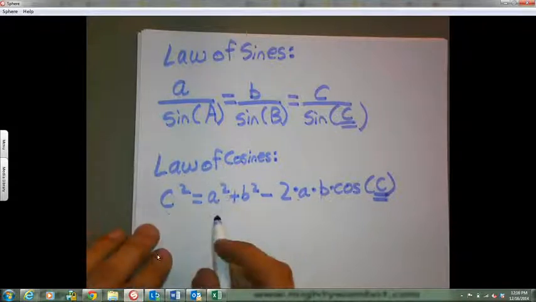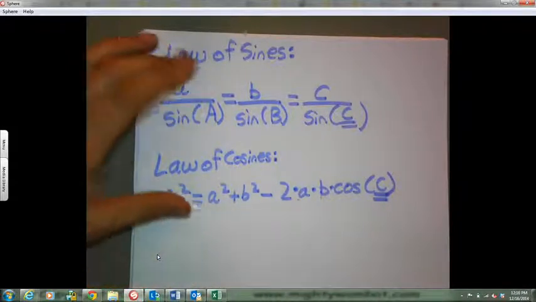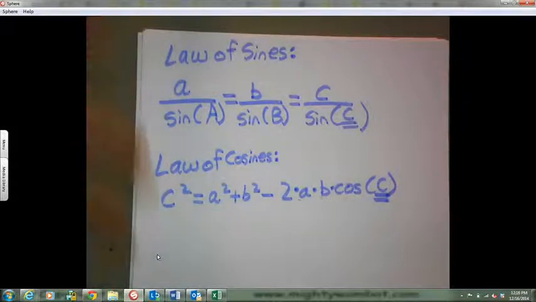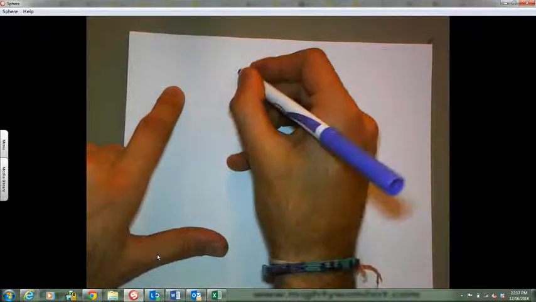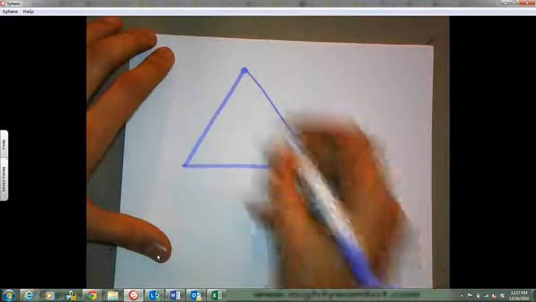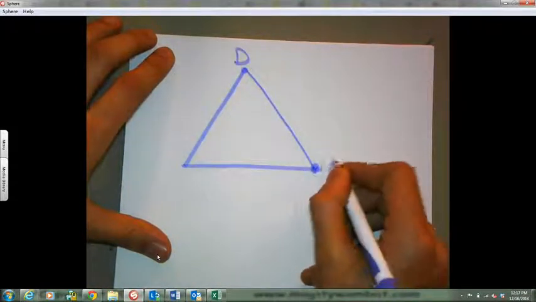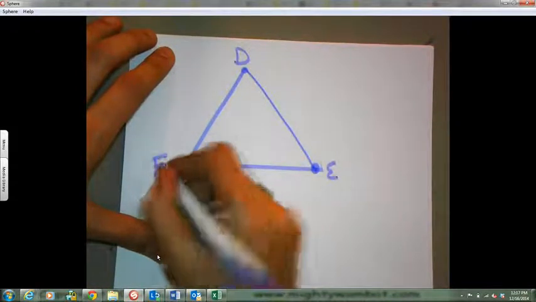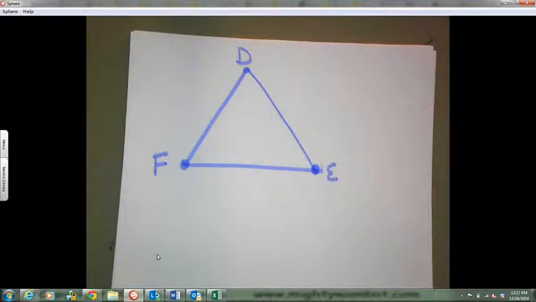To do that, we're going to use problem number 2 from round 7 on page 7. So it says we've got triangle DEF. They tell me that angle D is 62.3 degrees.